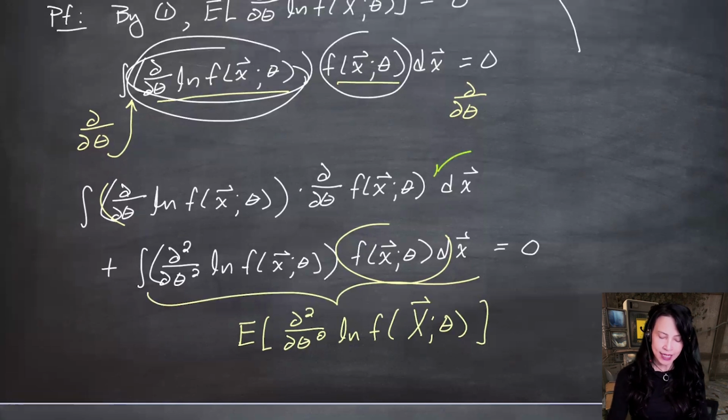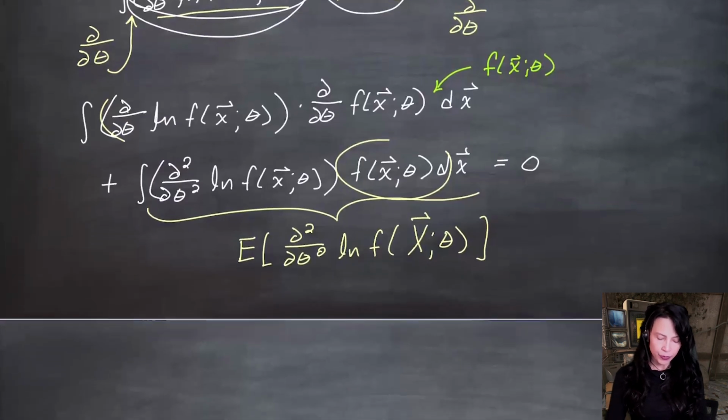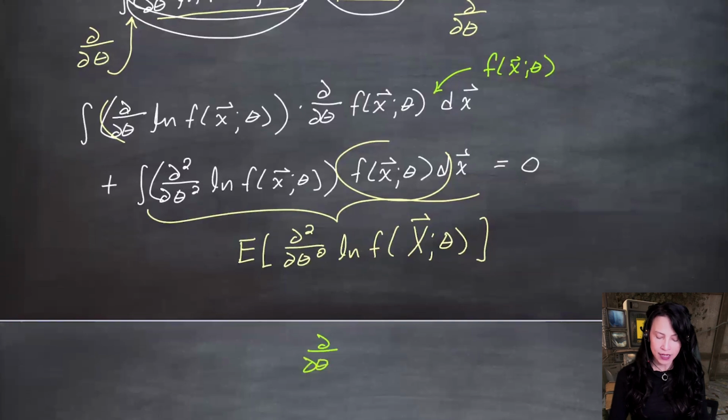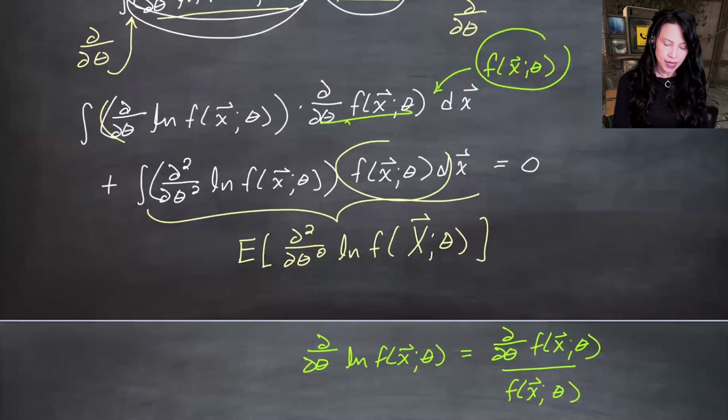So I would like to see an f of the vector x and theta in here. And so to get this, note that the derivative with respect to theta of the log of f of x and theta is equal to the derivative of f of x and theta over f of x and theta. So I can put this in if I also divide by it, so I don't really change anything.